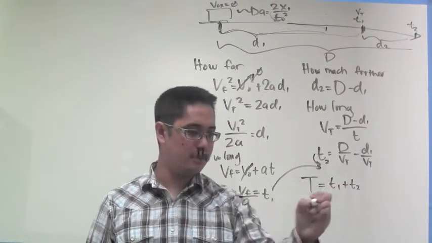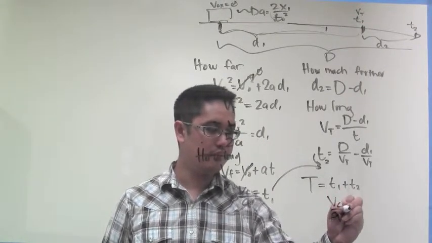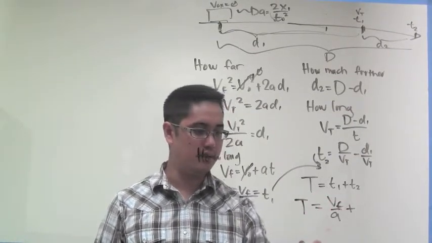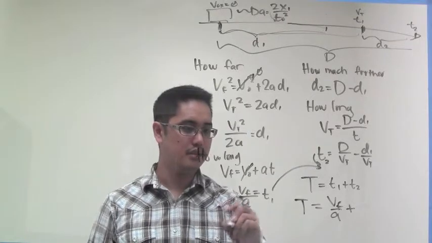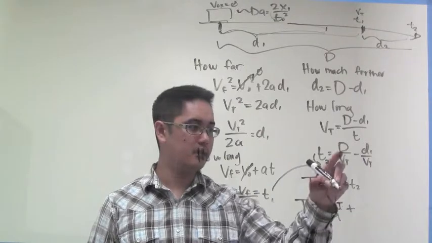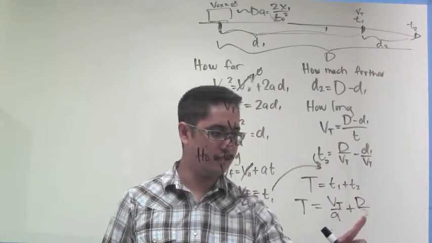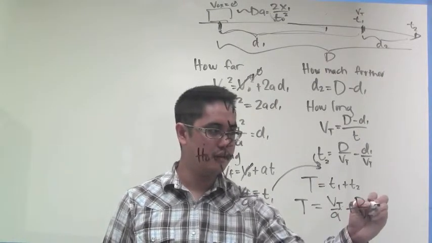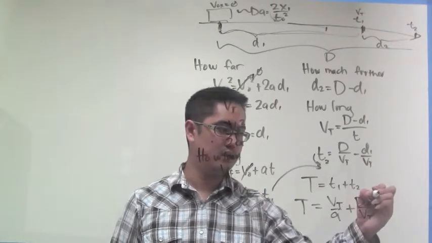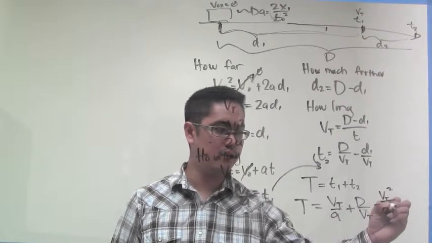So T1 is V final over A, or rather VT over A, plus T2, which is D over VT minus D1, which is VT squared over 2A, divided by VT.